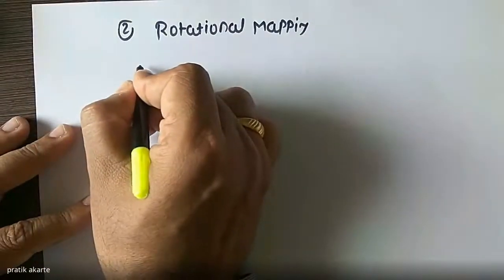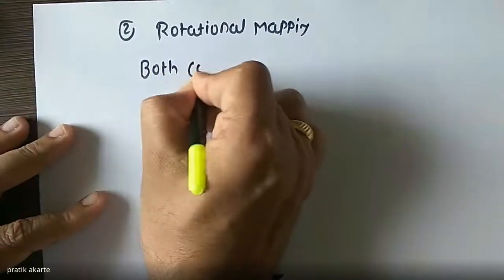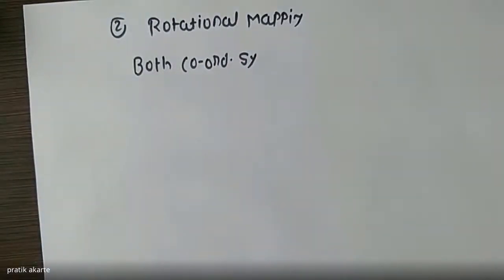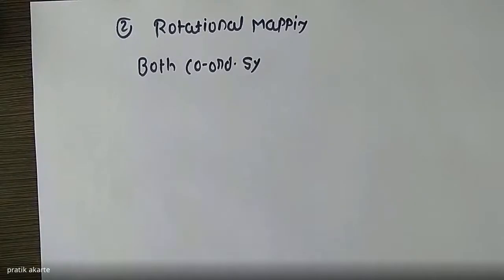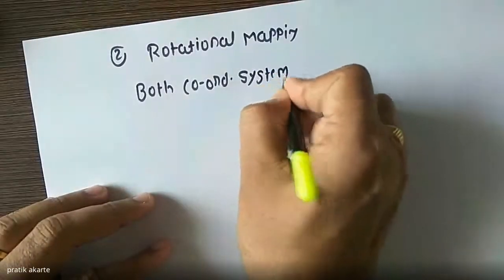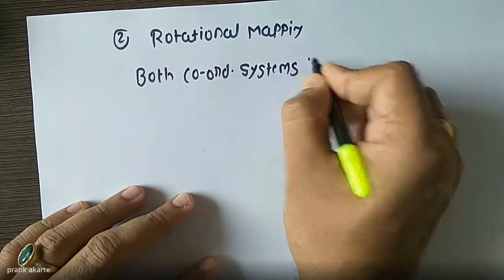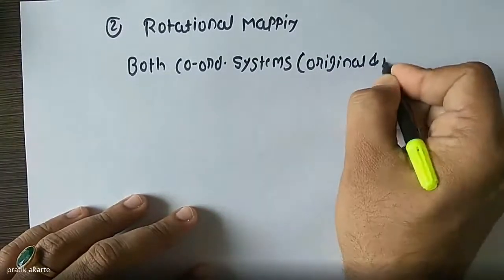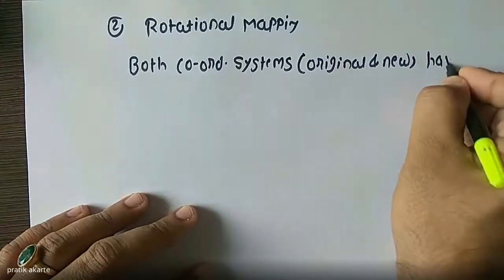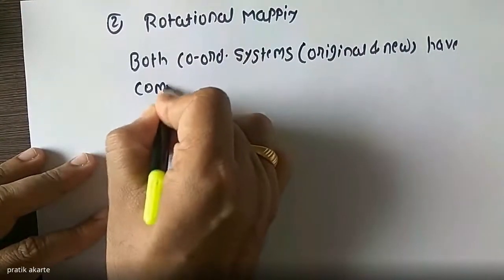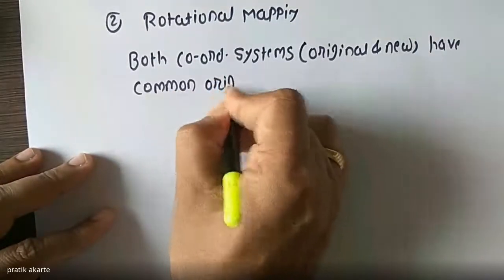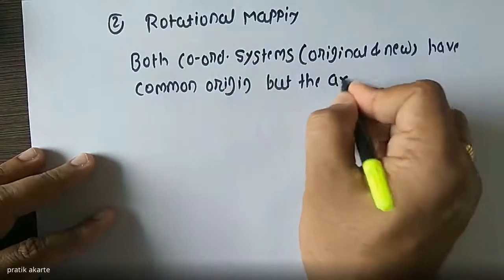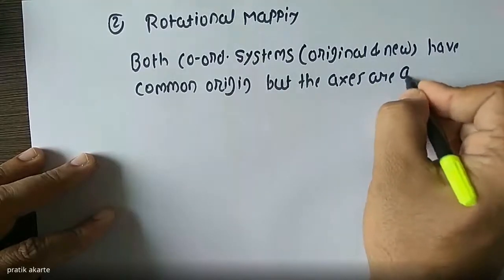Okay, so both coordinate systems, the original and the new, have a common origin, but the axes are at an angle.